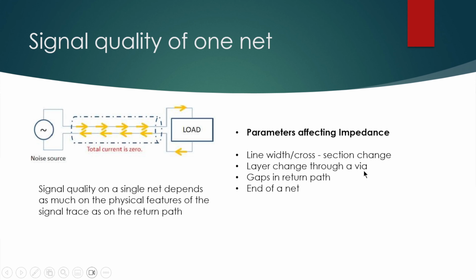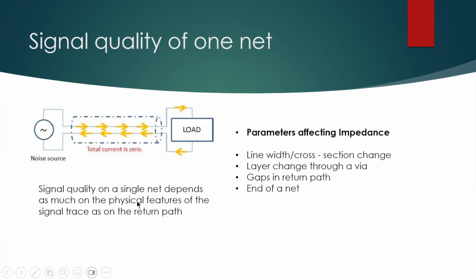If a signal is propagating in a particular layer and suddenly sees a via on its path or nearby, that is also considered a discontinuity, as are the gaps in the return path. And the most famous discontinuity is the end of a net. All these parameters affect the impedance, and the impedance affects the signal quality. There are ways to design the signal trace as a constant impedance line using some equations, and designers take care of that.